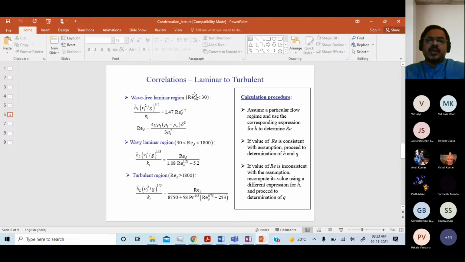If you have to now find out the Reynolds number with respect to delta, and from there you will get these relations. Now Reynolds number, how is the definition with respect to delta? Now you don't have a U, etc. So this is how the expression is.